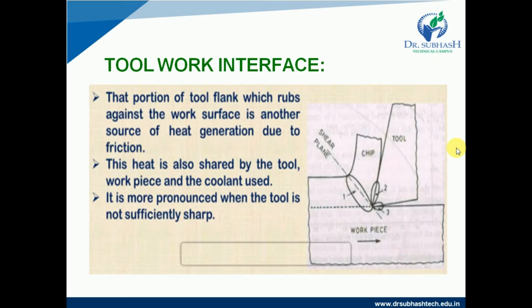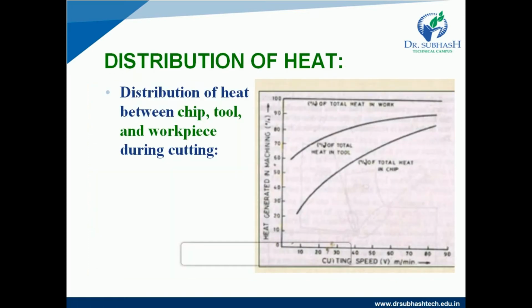Distribution of heat now. Distribution of heat between chip, tool and workpiece during the cutting. If we draw a graph of the heat generated in machining, in percentage, versus cutting speed, you can easily understand with the use of the graph.